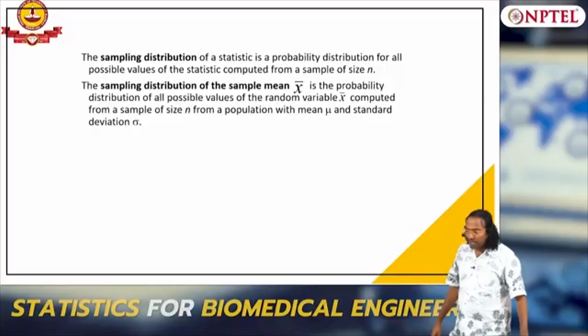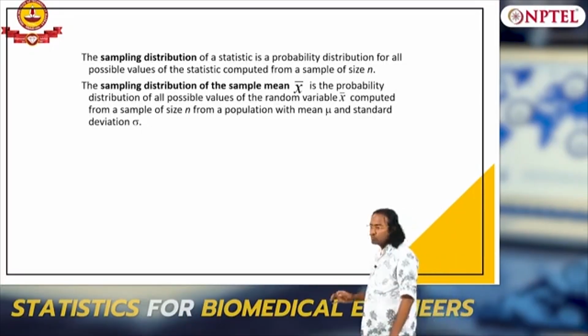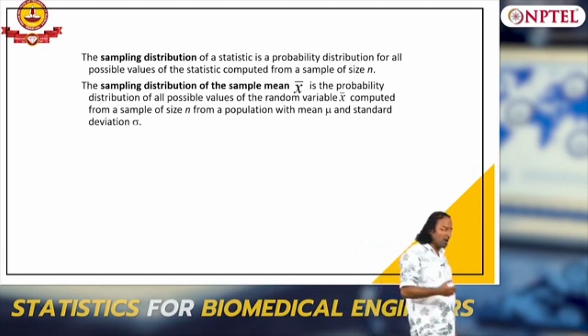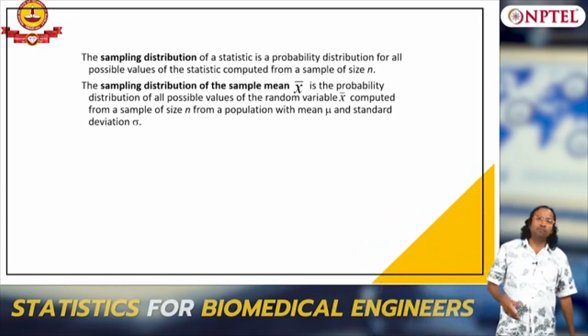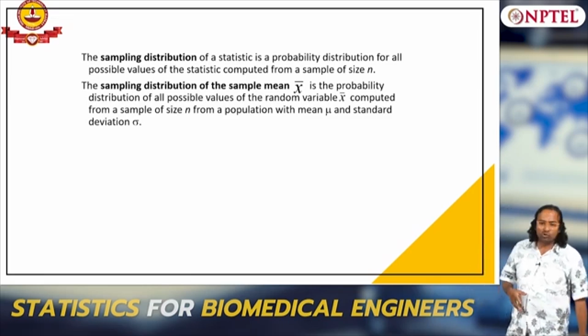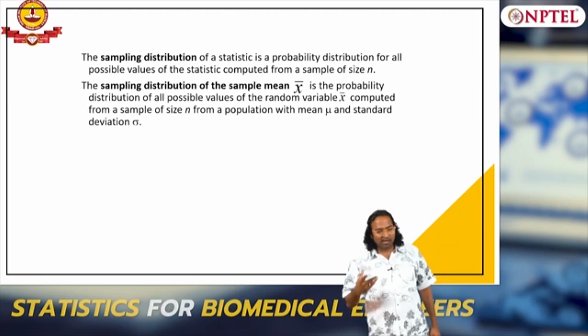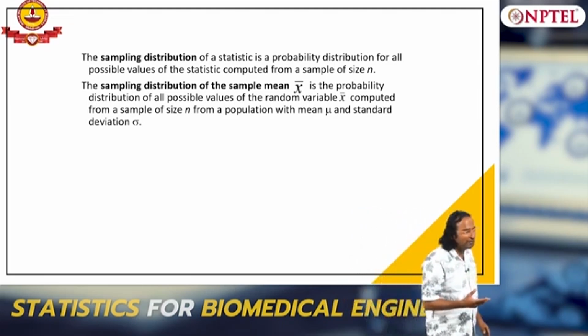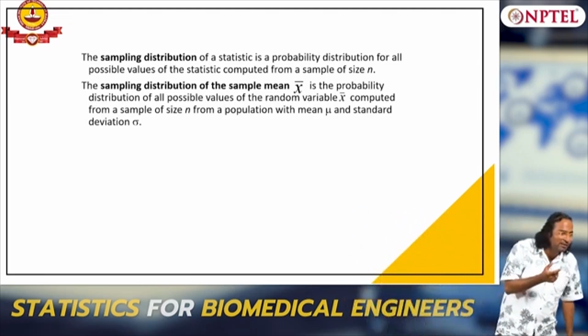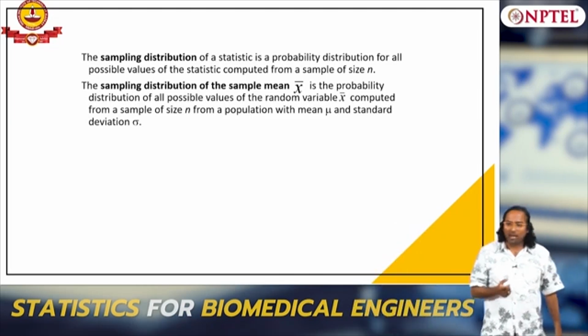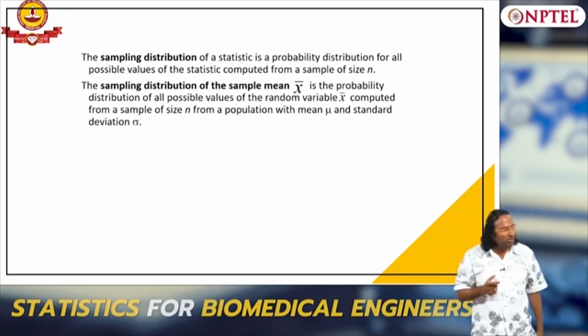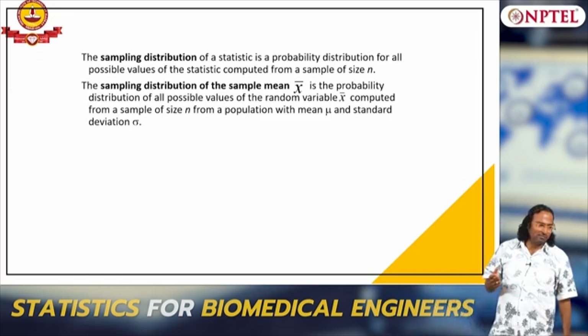So now we call it a sampling distribution. We do not call it the probability distribution of x bar, we call it the sampling distribution of a statistic. So x bar is a statistic, and we are identifying the sampling distribution of a statistic. Now one should ask the next question: what is the sampling distribution of sigma square?